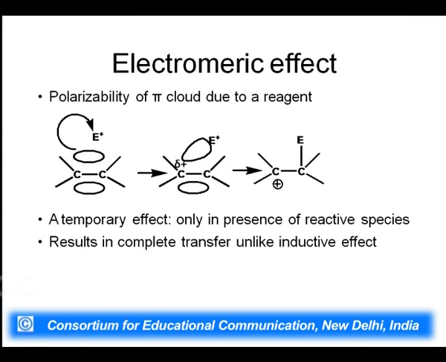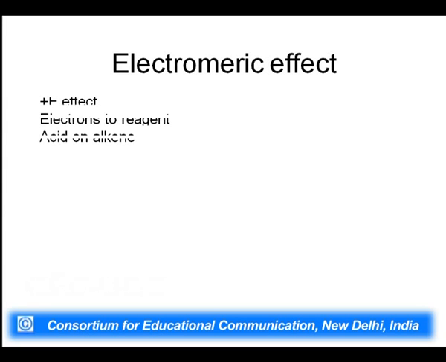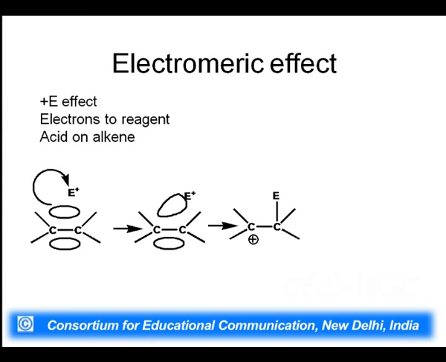The electromeric effect can be divided, as in the case of the inductive effect, into plus E and minus E. In what I showed above for the alkene, the electrophile is attaching and the electrons move away from the group. It is called the plus E effect because the electrons are moving towards the reagent.